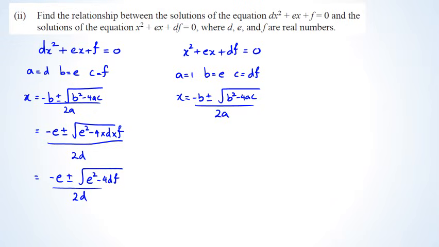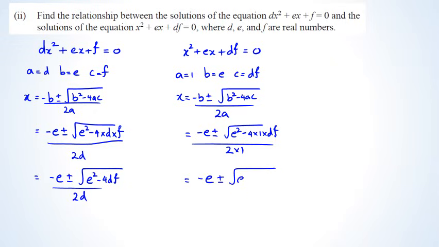So I have negative B, so negative E plus or minus the square root of B squared, which is E squared, minus 4 times 1 times DF, and the whole thing divided by 2 times 1, because A is equal to 1. When I simplify this, I get negative E plus or minus the square root of E squared minus 4DF, divided by 2.